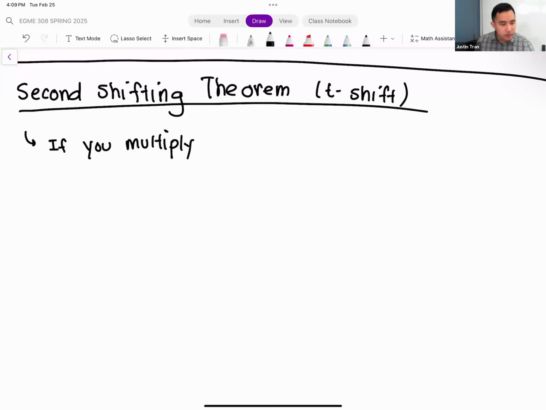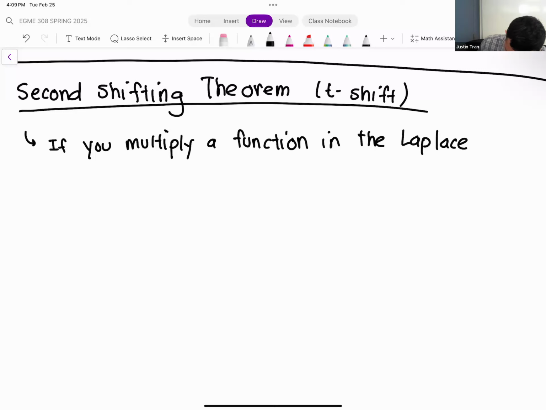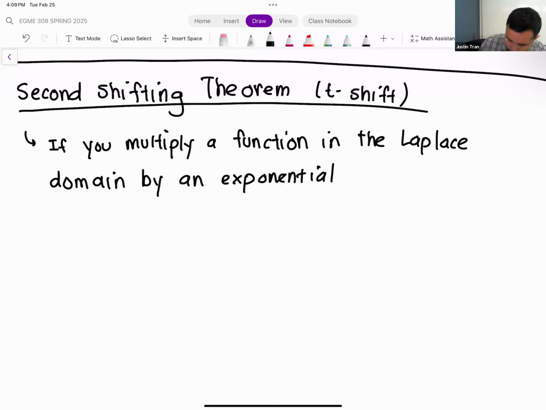If you multiply a function in the Laplace domain by an exponential, what that's going to do is end up shifting your function in the time domain, in the physical domain.